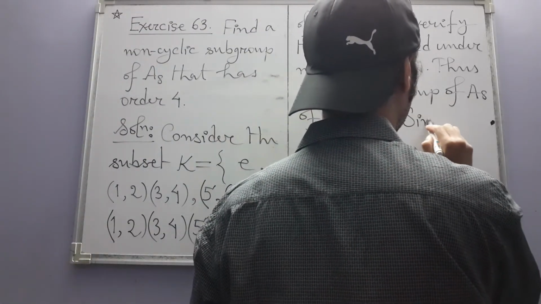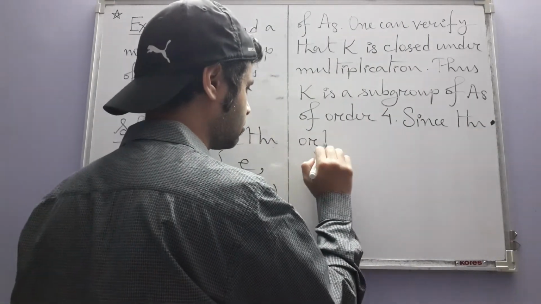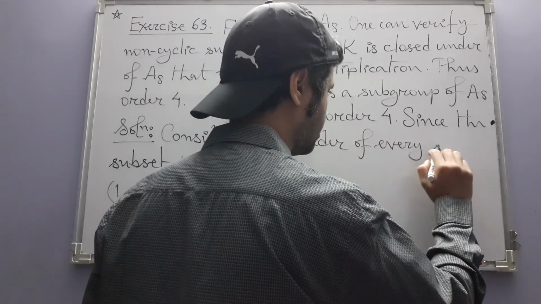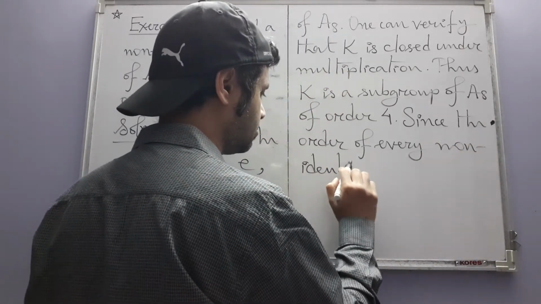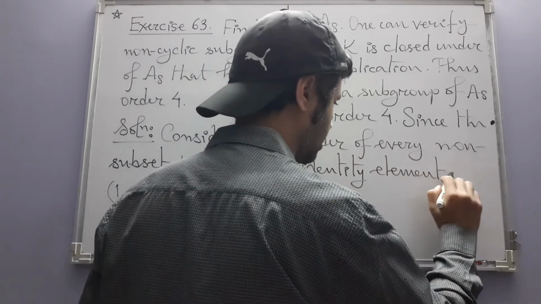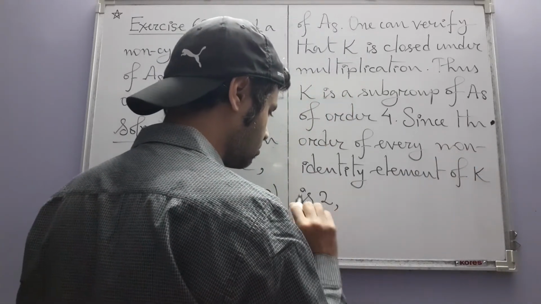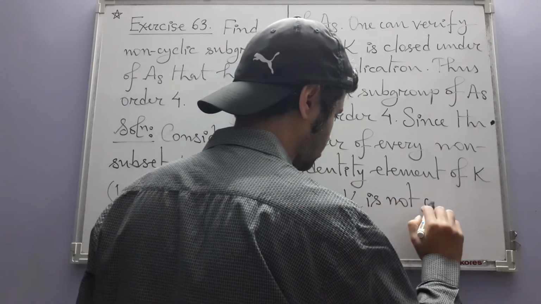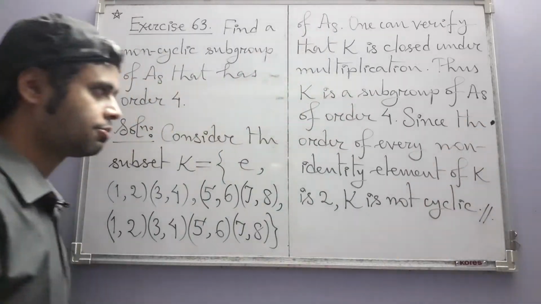Since the order of every non-identity element of K is 2, K is not cyclic. So that is our solution.